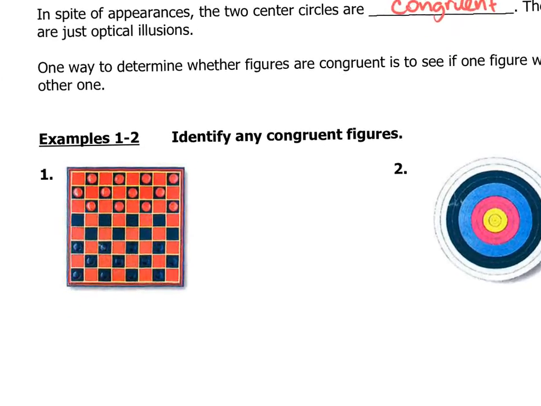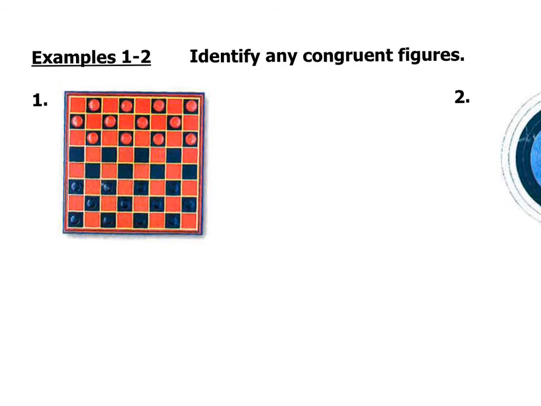So in example 1, you see a checkerboard, and I want you to take a moment and look for any figures that appear congruent. And in this figure, I see two types of figures that appear congruent. First of all, the squares on the checkerboard appear congruent because I could take one square and put it directly over another square.